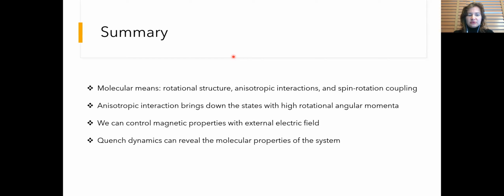We also showed that we can control magnetic properties with an external electric field, and we showed examples of how quench dynamics can reveal the molecular properties of the system.